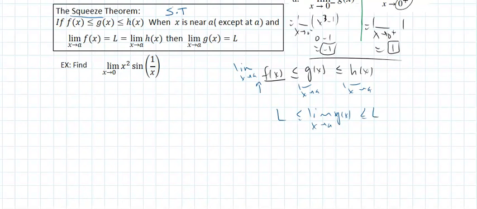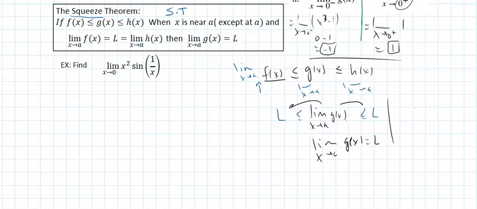Well, now we're talking about algebra. If you have a value that is bigger than or equal to a number and less than or equal to that same number, the only conclusion is that the value is the number itself.